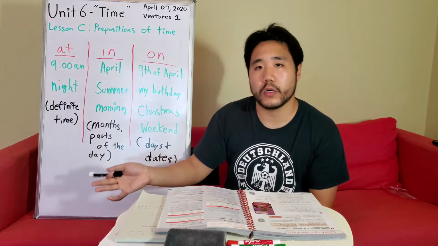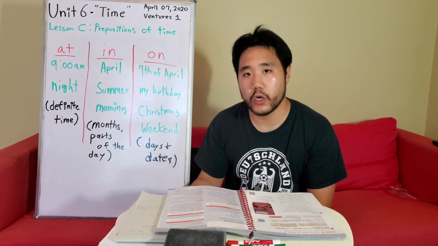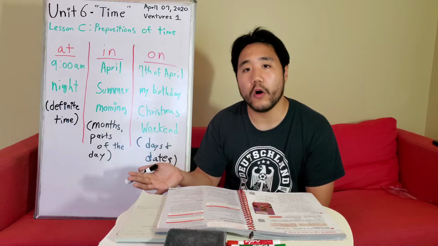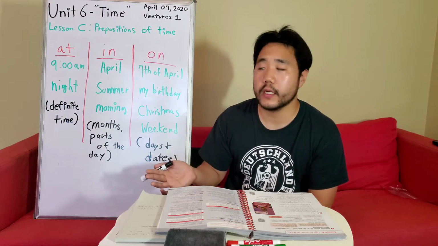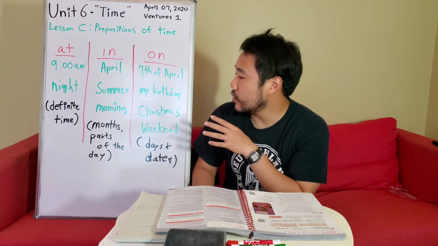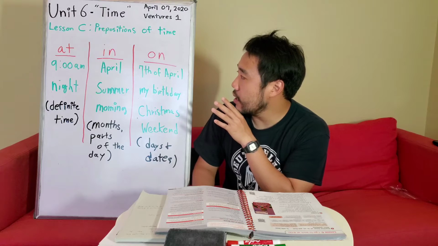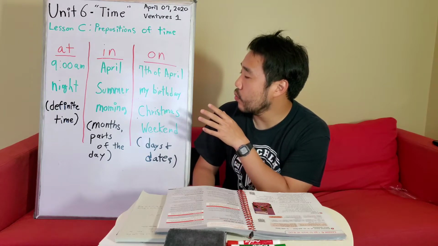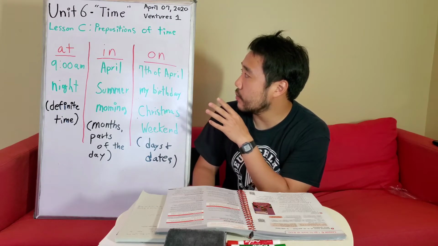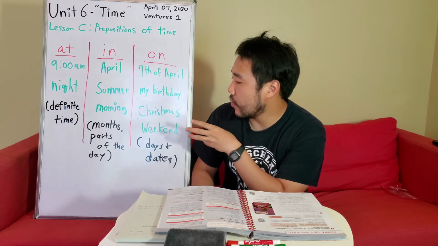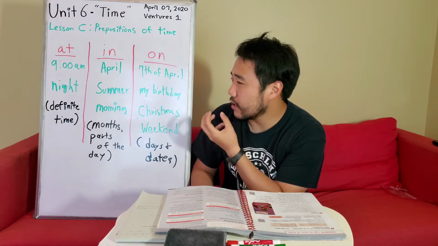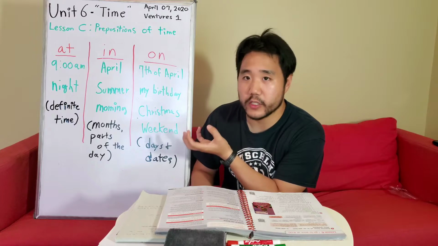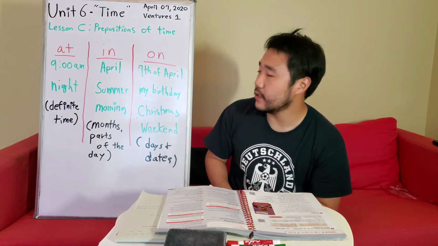So in summer, in winter, in fall, in spring. So in would be the preposition of time for something that takes a long period of time, in a way.